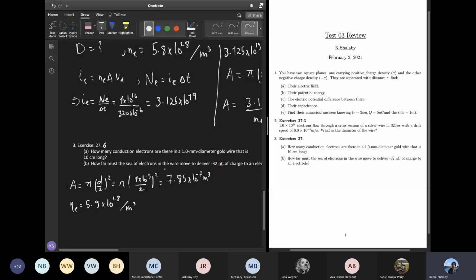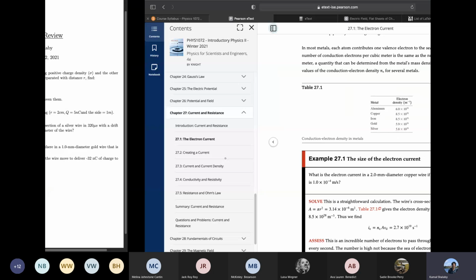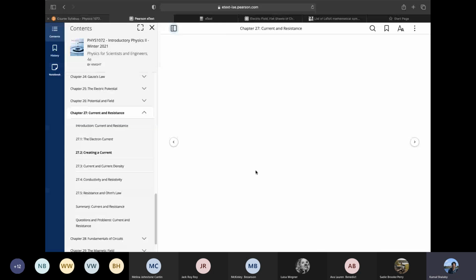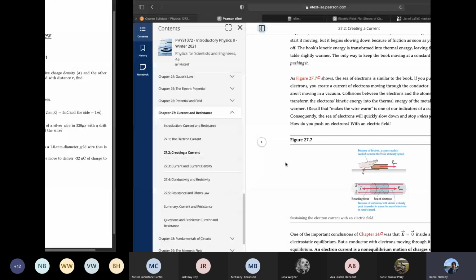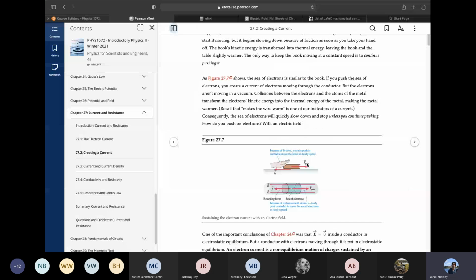So how many conduction electrons are there in 1 millimeter diameter gold that is 10 centimeters long? Let's see if there are any other equations that we can find. That would be more for the second part. How far must the sea of electrons move to deliver? That feels like it can be for something else.